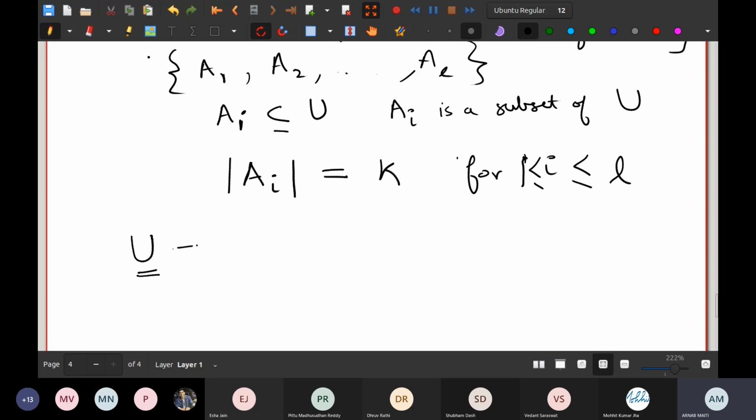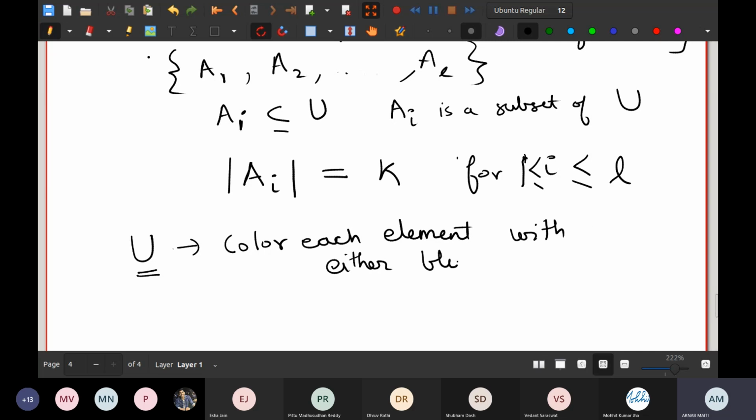So what we can do, we can color each element with either blue or red.